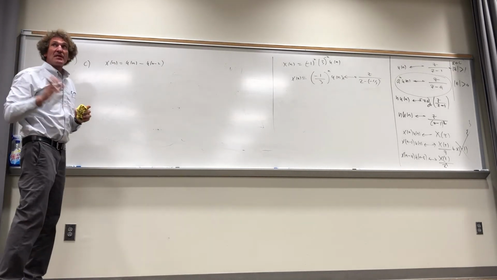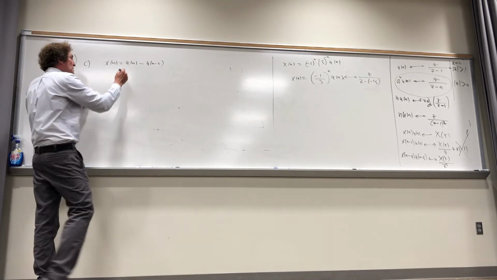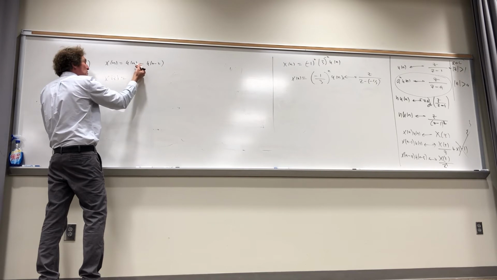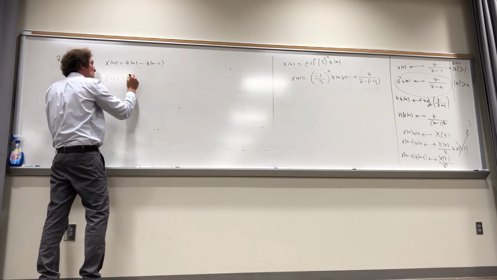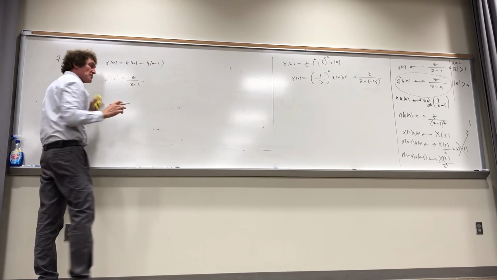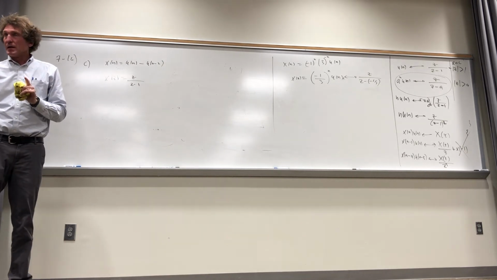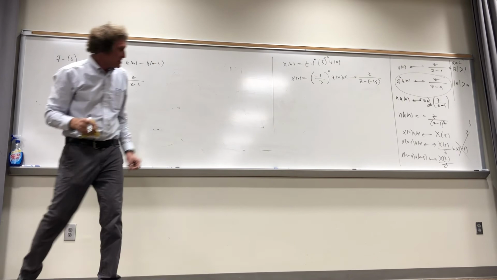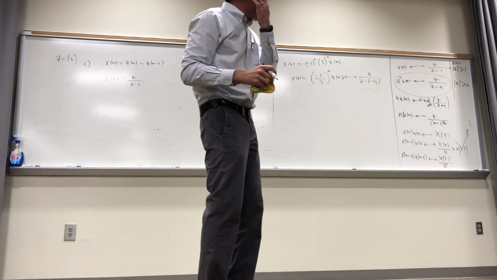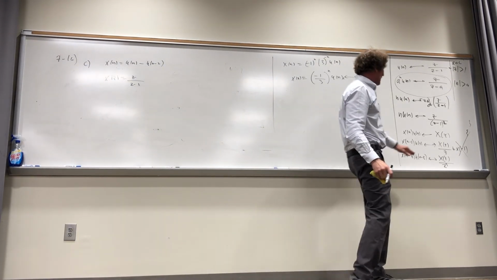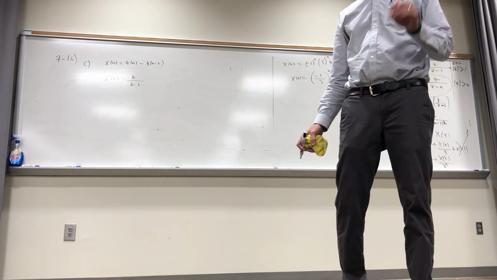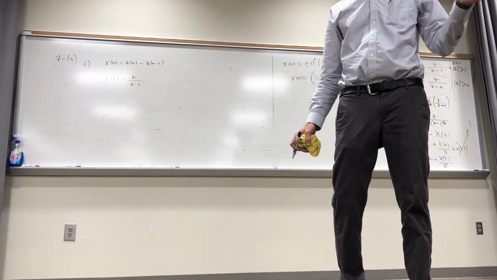One thing I can say, therefore, because of that, I can say the transform of this, I'm just going to use the transform properties, I mean the actual pairings: u of n goes to z over z minus 1. Do you agree with that? Now the second one, remember, all the values of u of n are 0 for n less than 0.